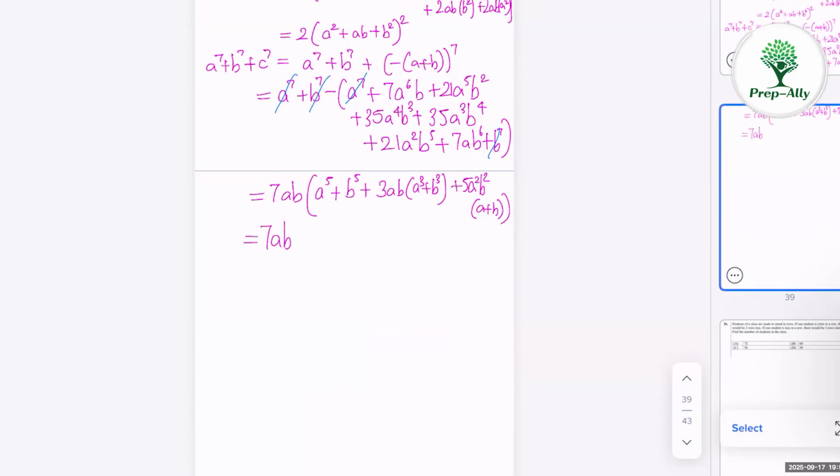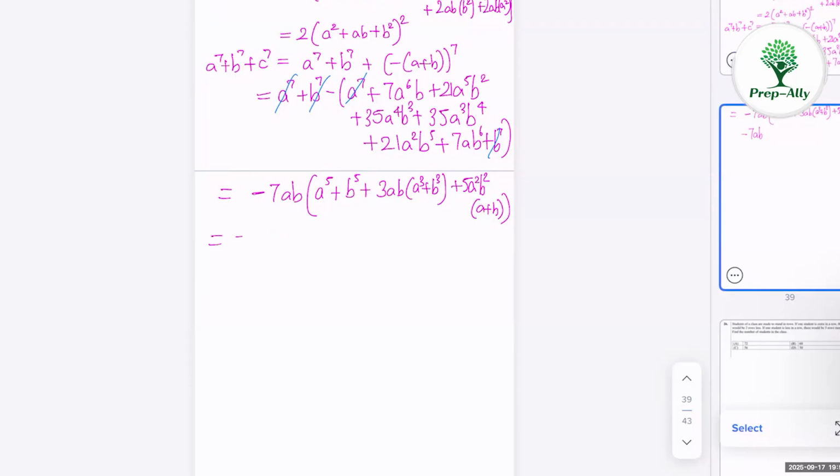Oh, I'm sorry. This was supposed to be negative because we have a negative sign here, right? We're subtracting here. So here we have negative 7ab, right? And this, the leading term here will also be a negative 7ab.